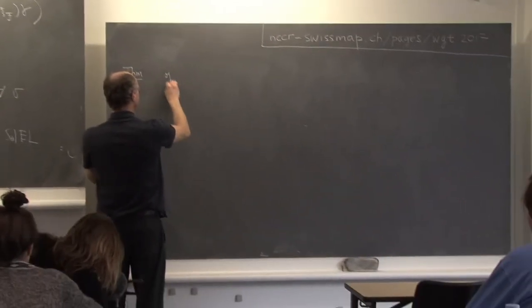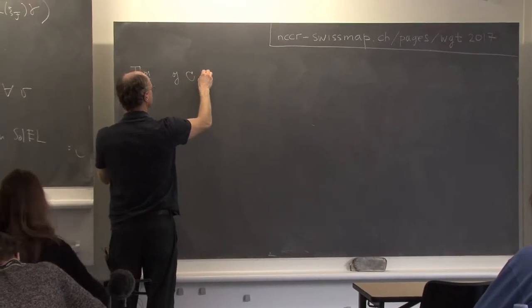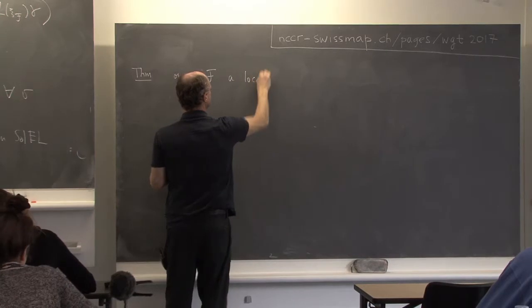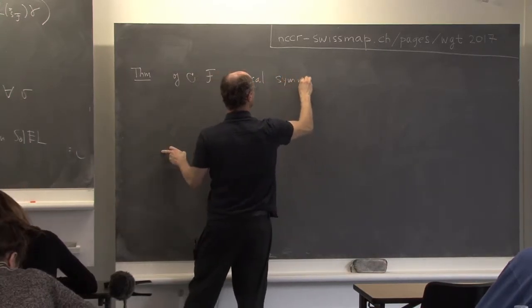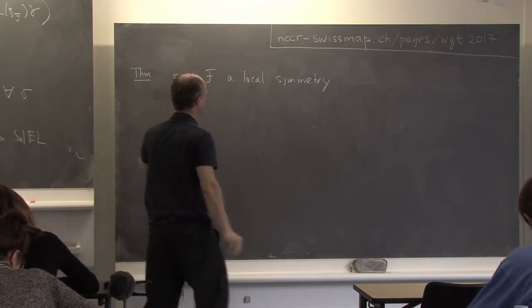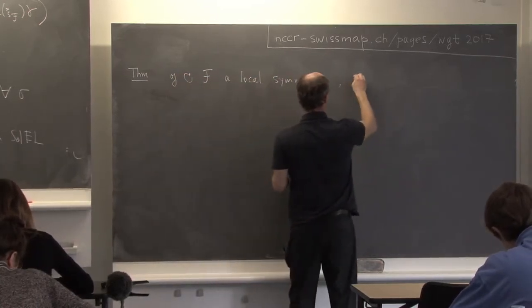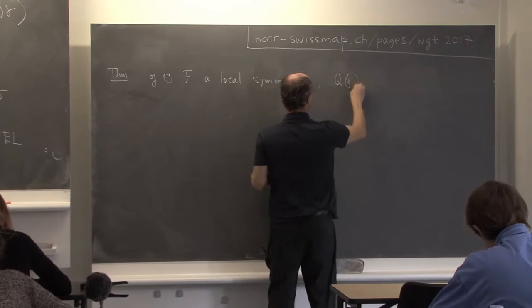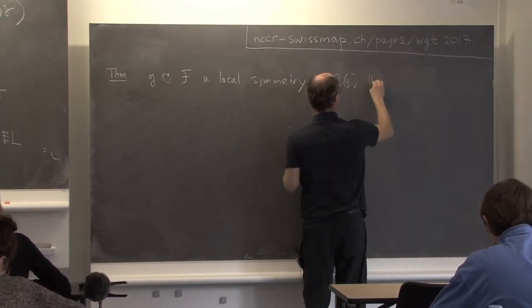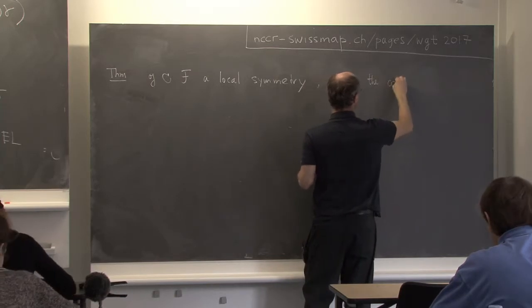So suppose we have G acting on F, a local symmetry, and Q of psi is the corresponding conserved charge.